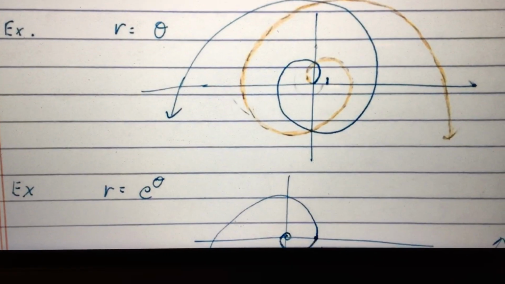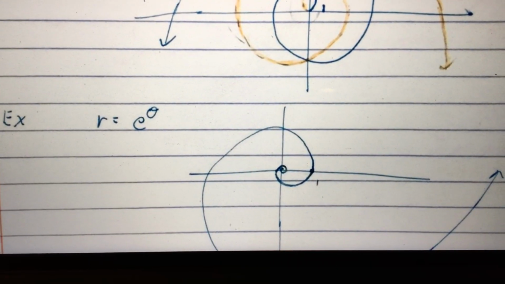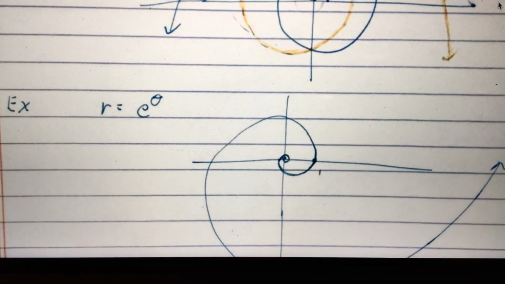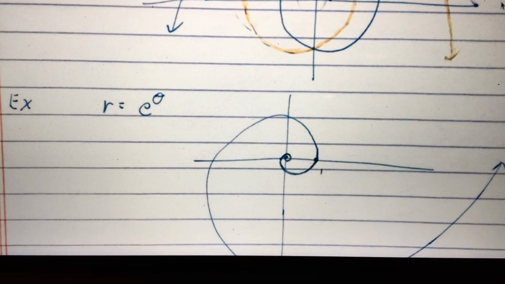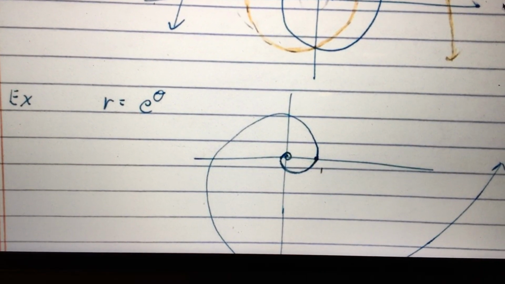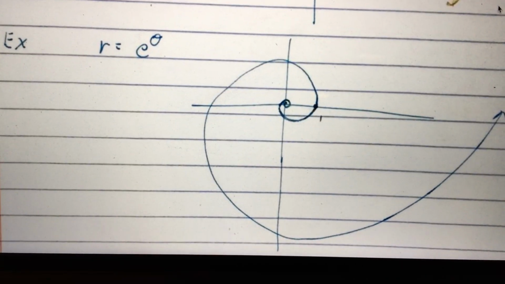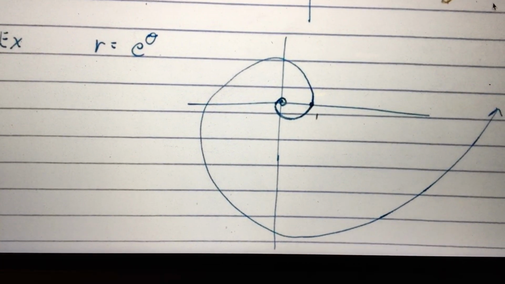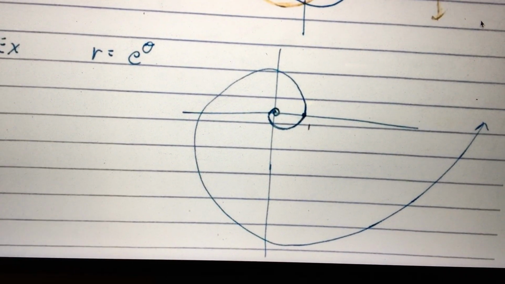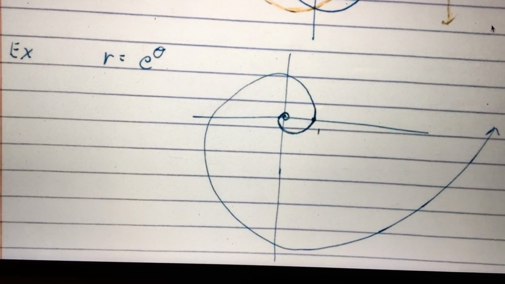A more interesting spiral, I don't know, that's pretty interesting, but here's a spiral that I like, is r equals e to the theta. That's an exponential function like y equals e to the x. But for r equals e to the theta, what you get is a spiral that looks like this. It gets infinitely small in the center, and it gets big really fast as you go out, because it is exponential growth, so that radius is going to grow really fast as theta increases.